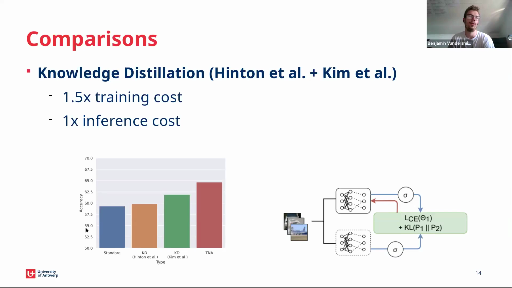And at that point, there's not really any knowledge left to be extracted from the teacher. In the case of the logits, you can see that there is still some additional gain because your teacher is slightly different than your student, so there are some additional representations there. But in our case, we allow both models to evolve together, and they get better from each other. So there is more to gain.